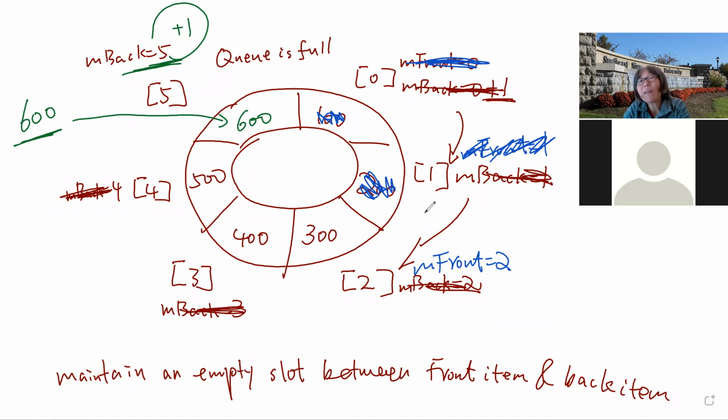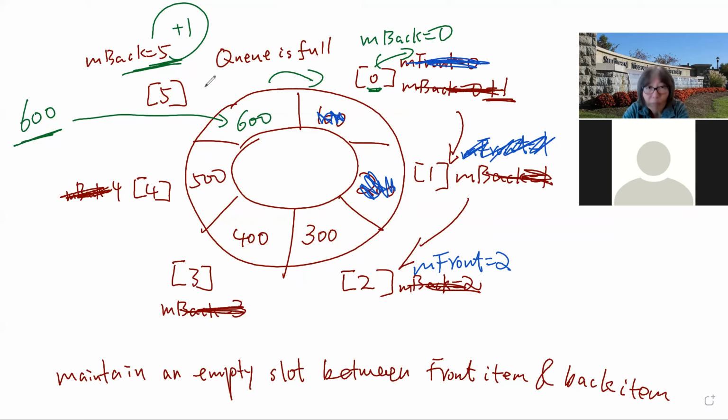But in this case, we don't need to shift. We can set back to 0. That works. It's just suddenly jump from 5 to 0, but it's still continuous. We don't need to do any of the shifting.